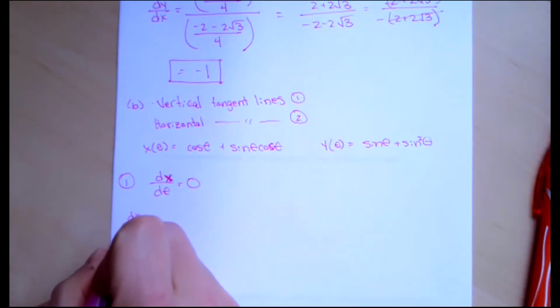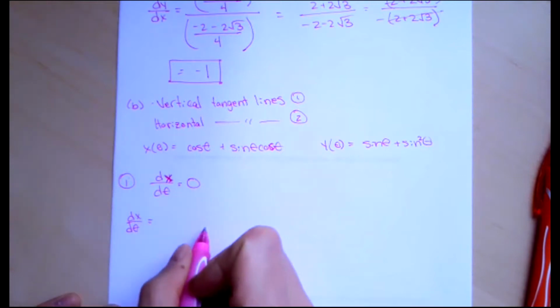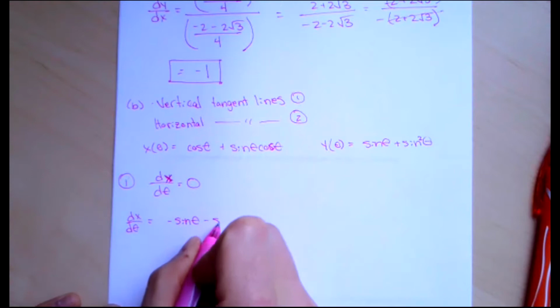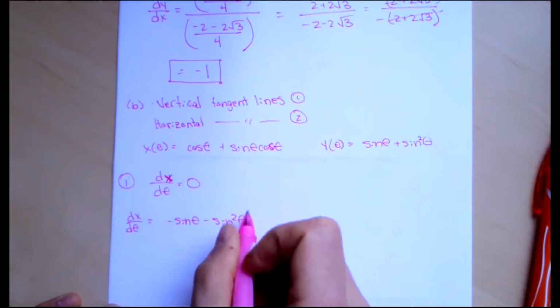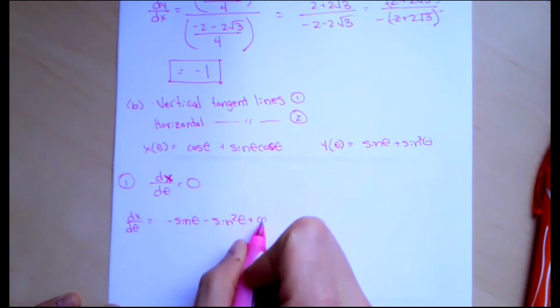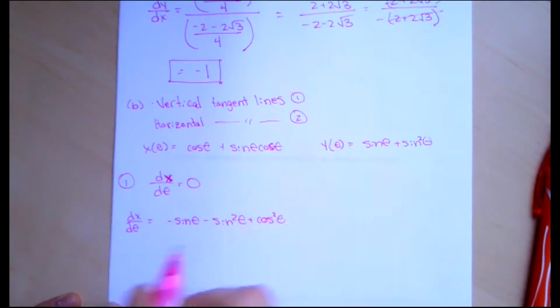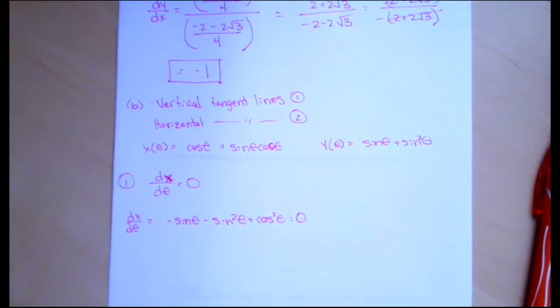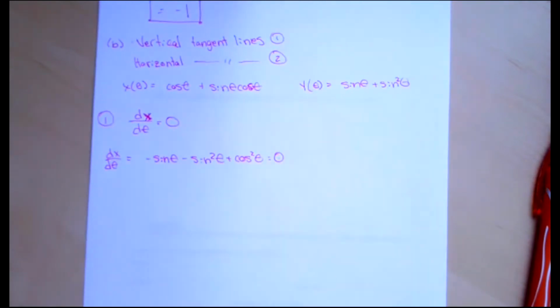So dx d theta we had as minus sine theta minus sine squared theta plus cosine squared theta. We set that equal to 0. So this was in the book.